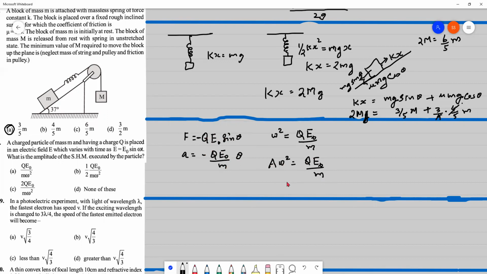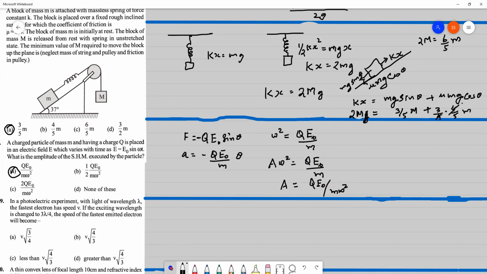So what will A be equal to? A is equal to Q E naught by m omega squared. So this should be the right answer.